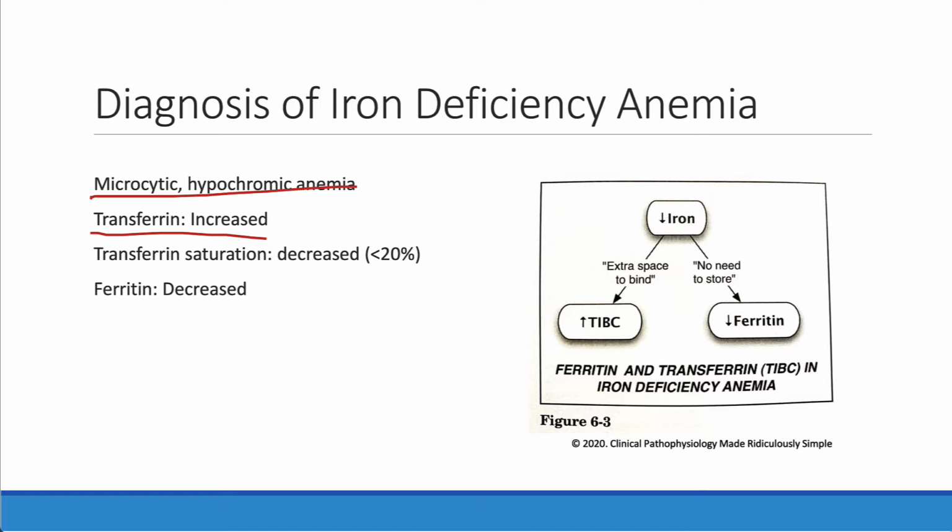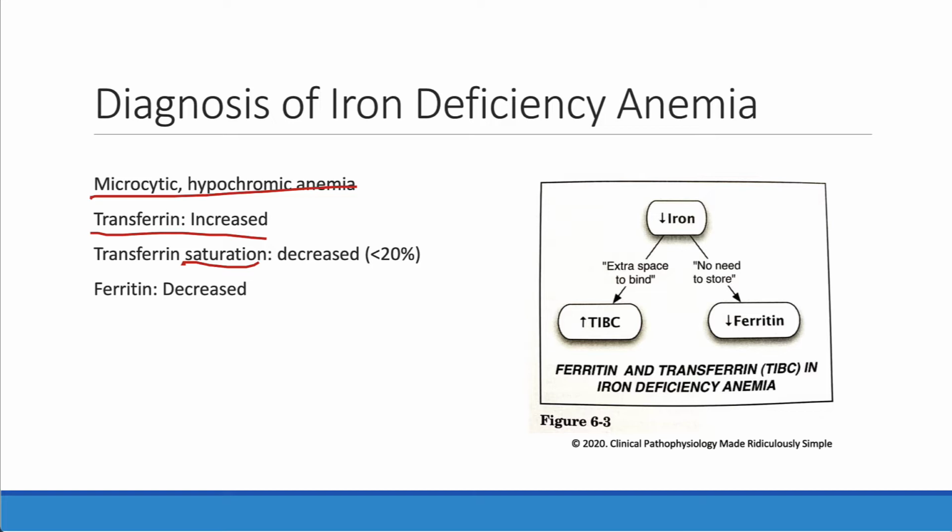To be used. The transferrin saturation, the amount of iron that's saturated on the transferrin molecule, is decreased. Does that make sense? Yeah, that makes sense because there's not enough iron to attach to the transferrin molecule to move it through the blood.